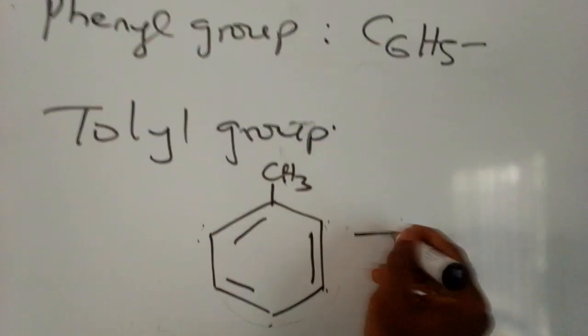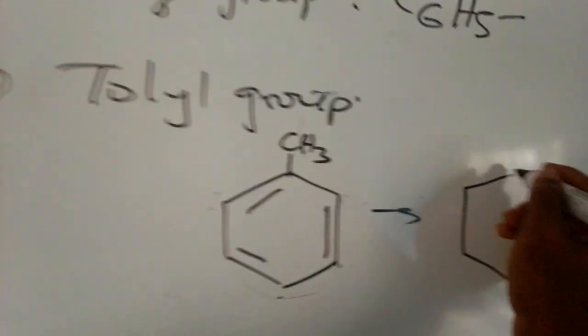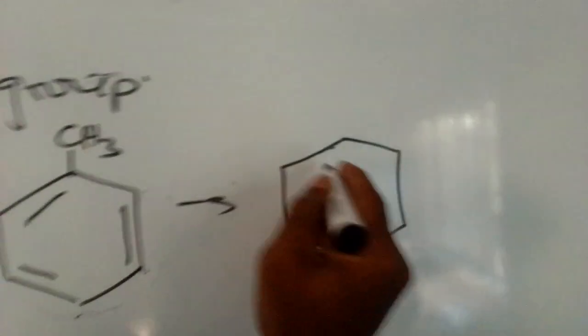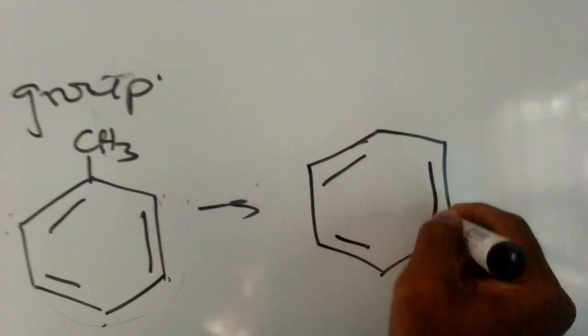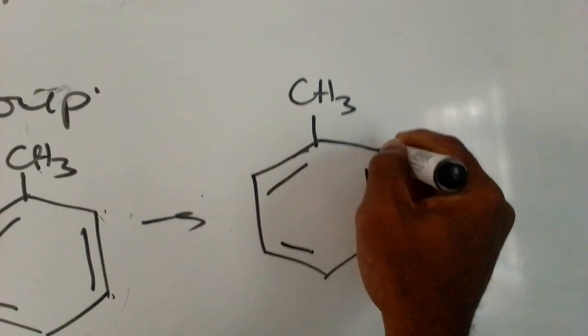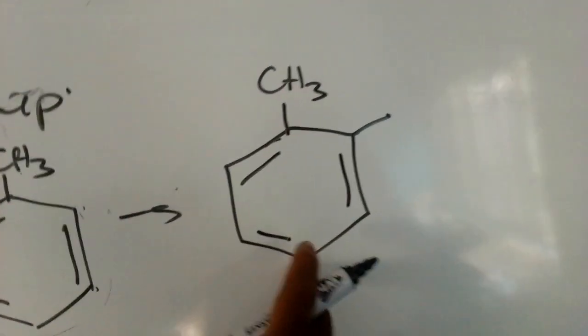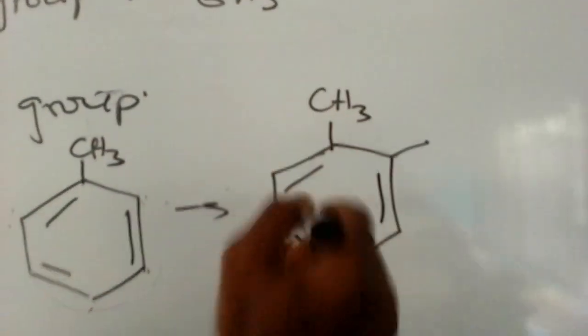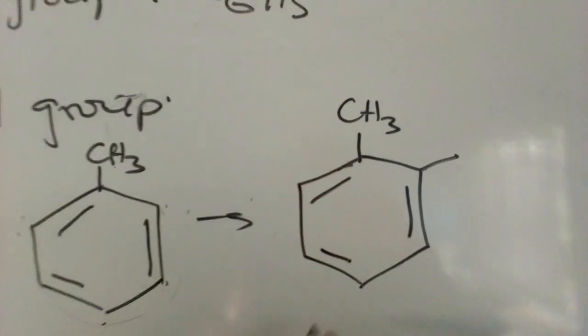When I have this as a toluene group, the methyl remains intact when I remove hydrogen from the aromatic skeleton.